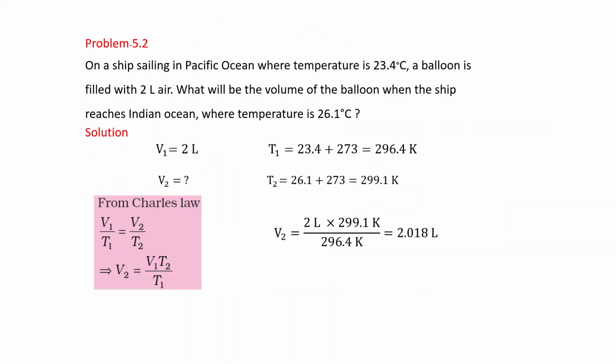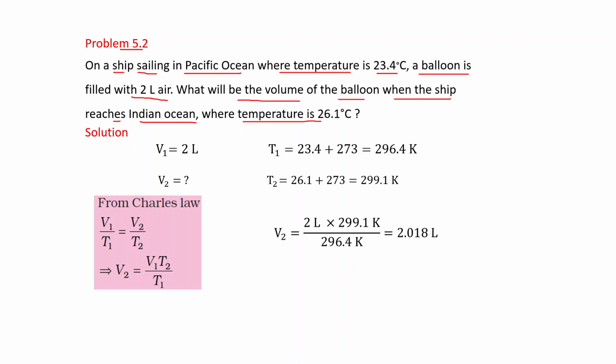Now see, there is one question, problem 5.2. On a ship sailing in the Pacific Ocean where the temperature is 23.4 degrees Celsius, a balloon is filled with 2 liter air. What will be the volume of the balloon when the ship reaches the Indian Ocean where the temperature is 26.1 degrees Celsius?